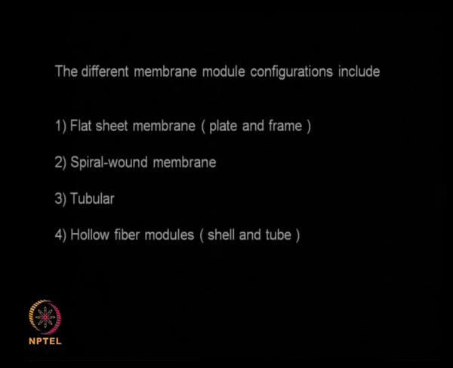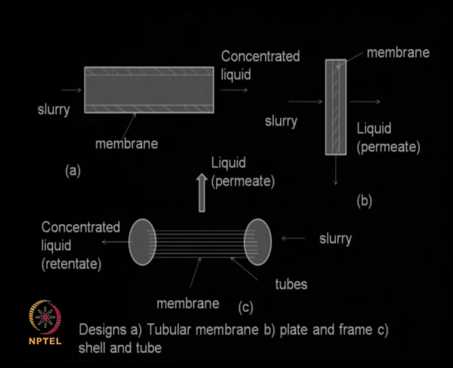You can have a tubular membrane, that means a long tube where the surface is made up of membrane and the liquid flows inside. You can have hollow fiber modules, that means it is like a shell and tube heat exchanger. You can have a lot of hollow fibers, and the membrane process takes place because of the flow inside. So these are just some pictorial representations of different membrane designs. Okay. So this is a tubular membrane.